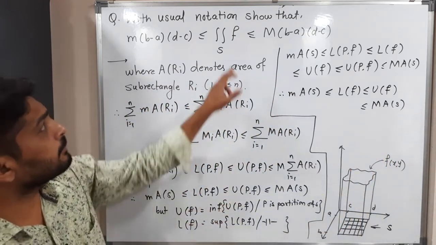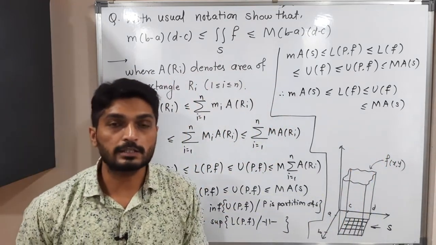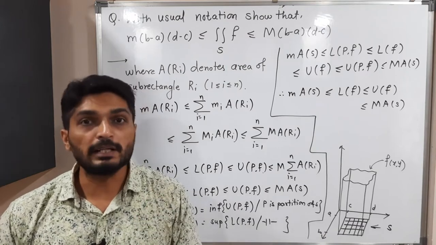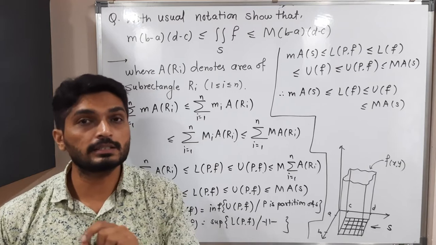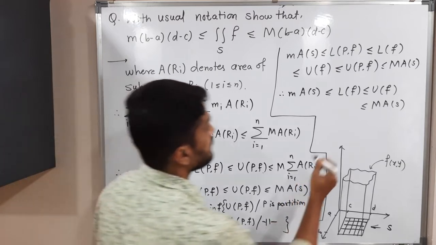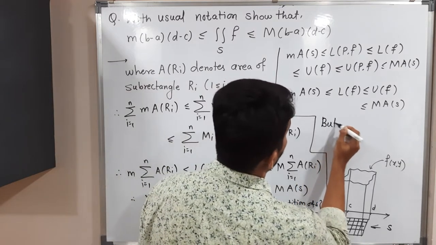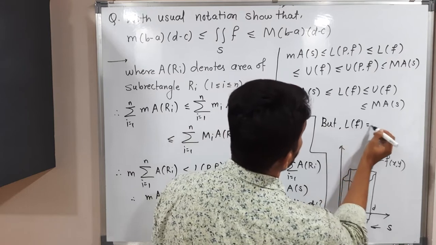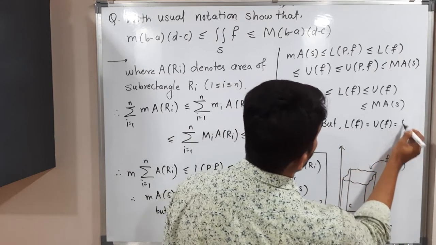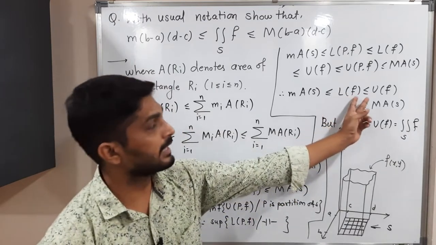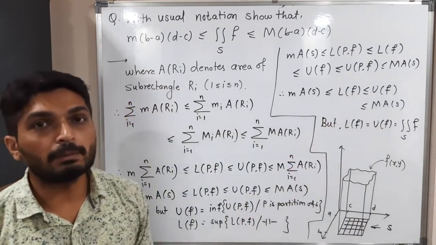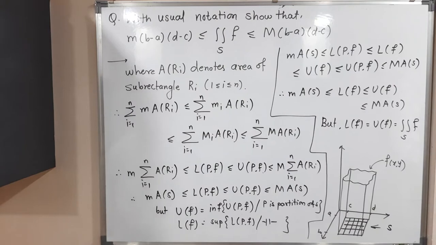But see, as they have mentioned double integration of f over S, that means the function is double integrable. So that means the lower integral is equal to the upper integral is equal to the actual integral. So the lower integral is equal to the upper integral is equal to the double integral of f over S. That's why both of them are equal, and we can replace them by the double integral of f over S. Let me do that, make a screenshot of it, then we'll go further.